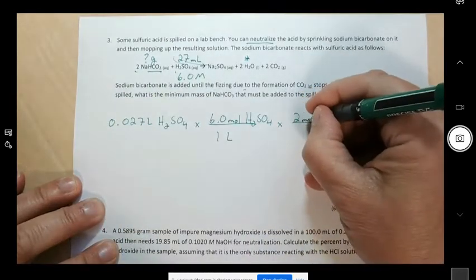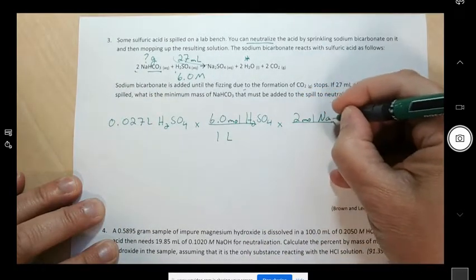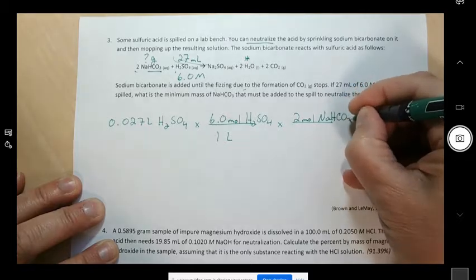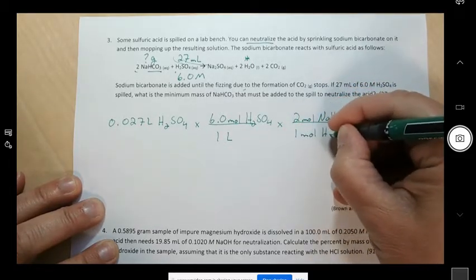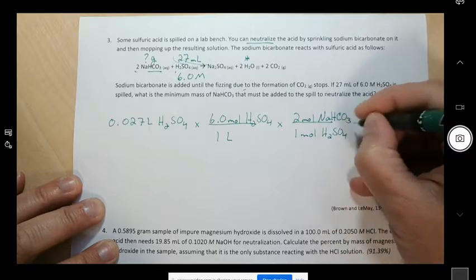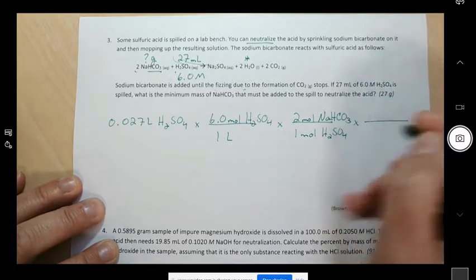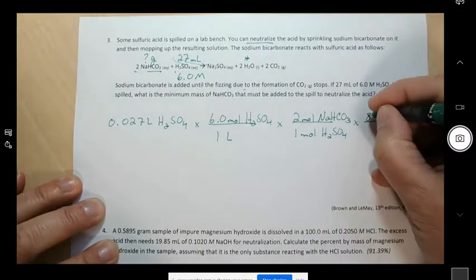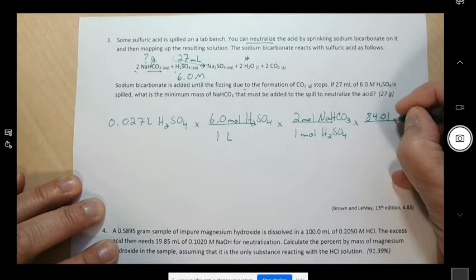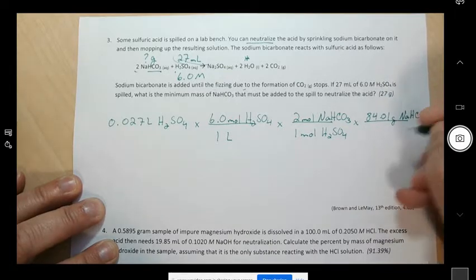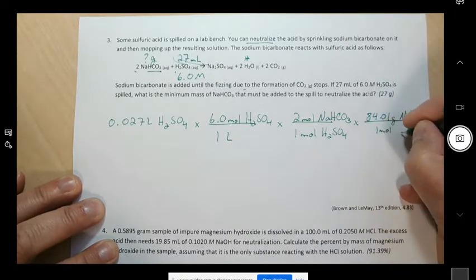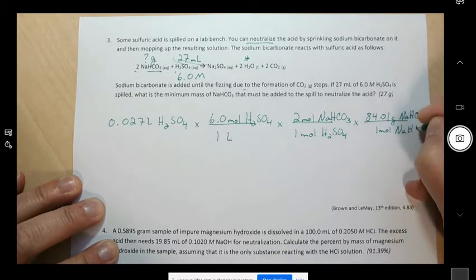So there are 2 moles of baking soda needed for every 1 mole of sulfuric acid we spilled, H2SO4. And then to convert it to grams, we just need molar mass. 84.01 grams of baking soda for every 1 mole of NaHCO3.